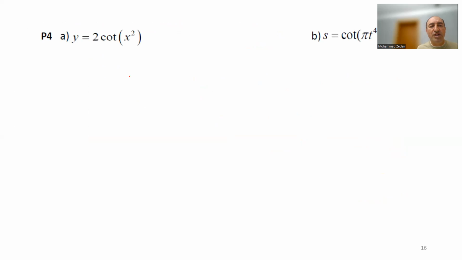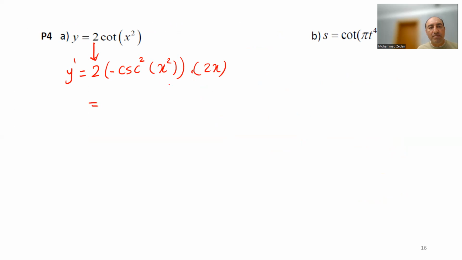Okay, y equal 2 cotangent x squared. The derivative of cotangent, as you know, is negative cosecant squared. So y prime is equal to 2 times the coefficient, and the cotangent derivative is negative cosecant square x squared, times the derivative of x squared, which is 2x.